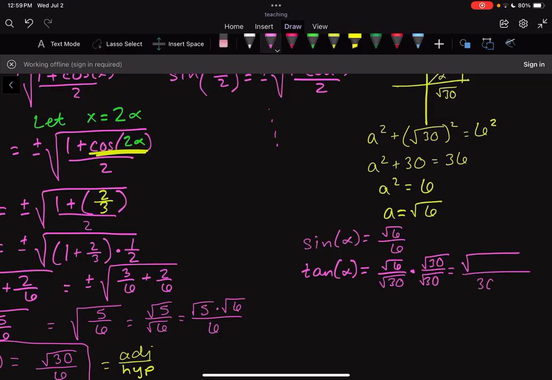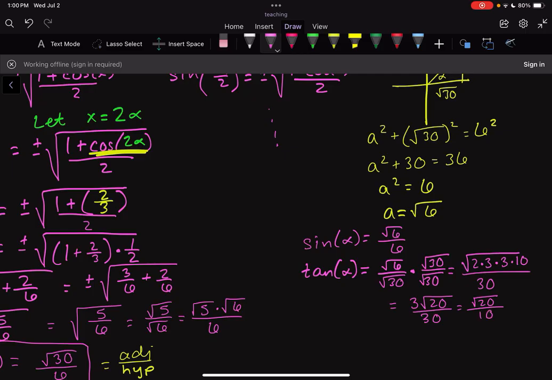So this would be over 30. 6 can break up into 2 and 3. 30 can break up into 3 and 10. So a 3 can actually pull out to the front. So this would be 3 square root 20 over 30, which actually becomes square root 20 over 10.